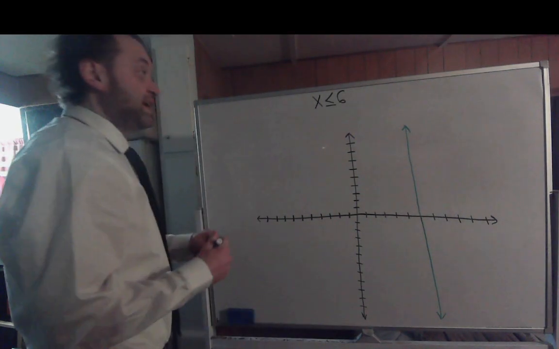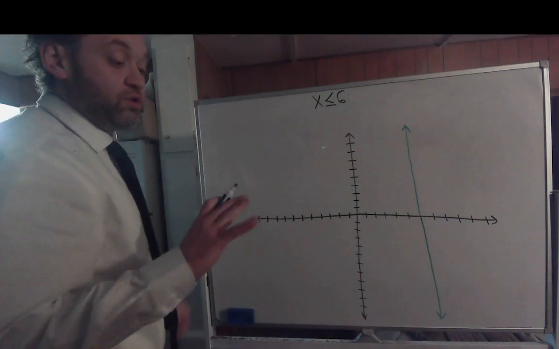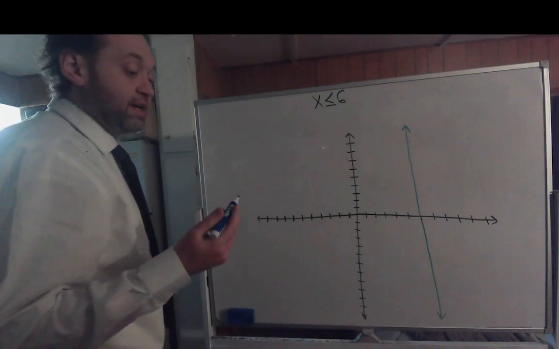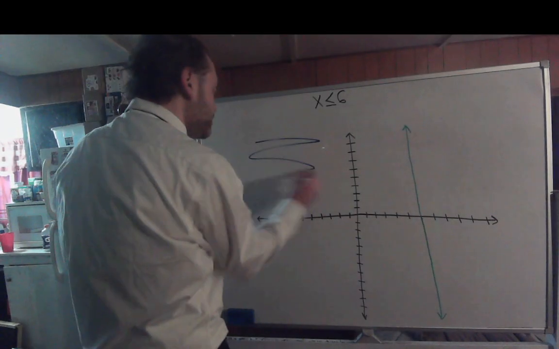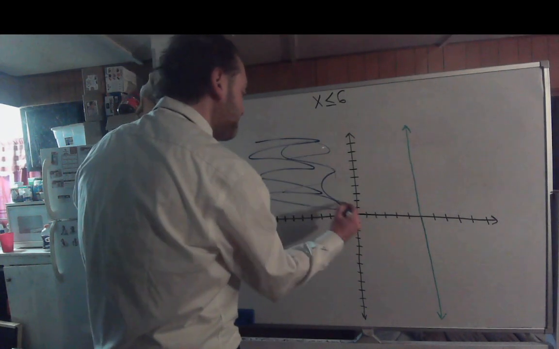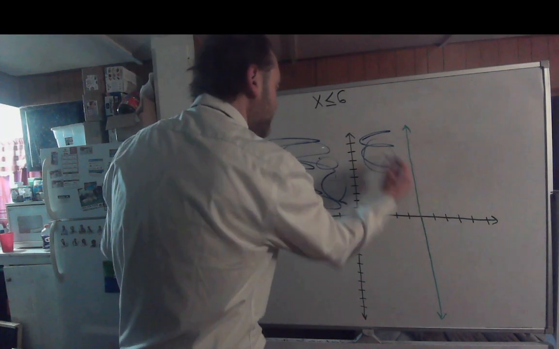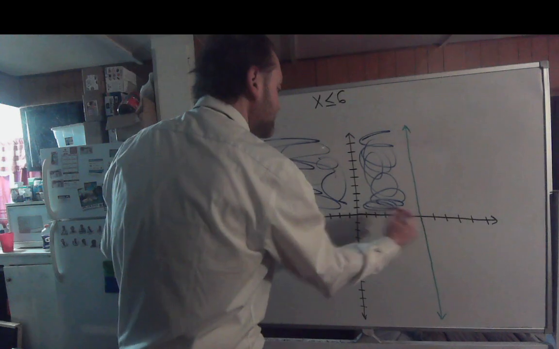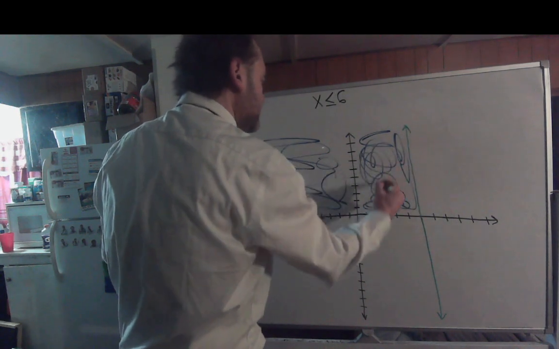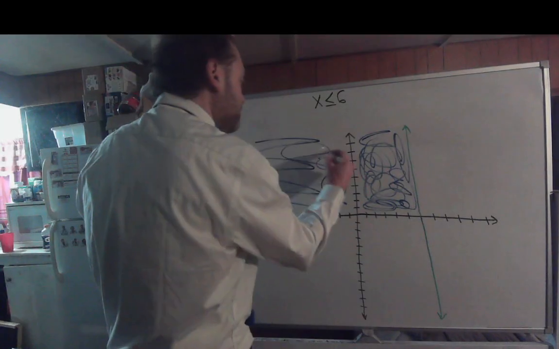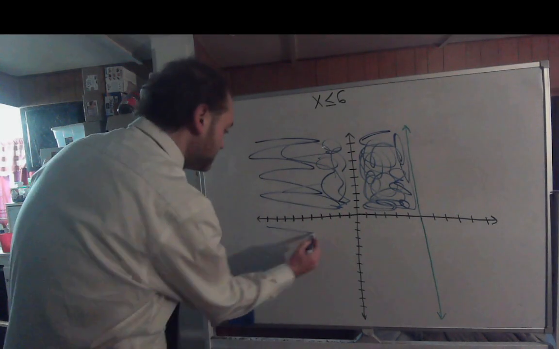Now for the less than component, when you graph these inequalities, all you're going to do is shade the entire region to the left of it, since it's less than or equal to 6, because it takes on every x value less than 6 also.